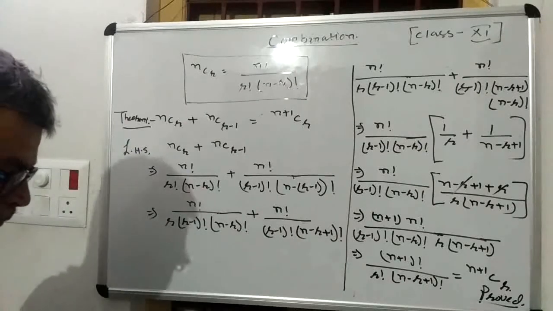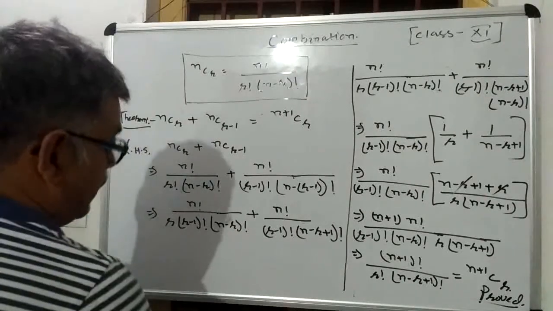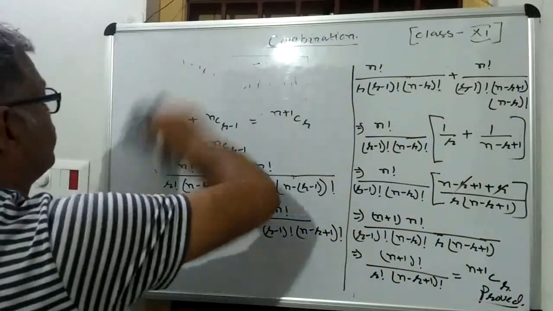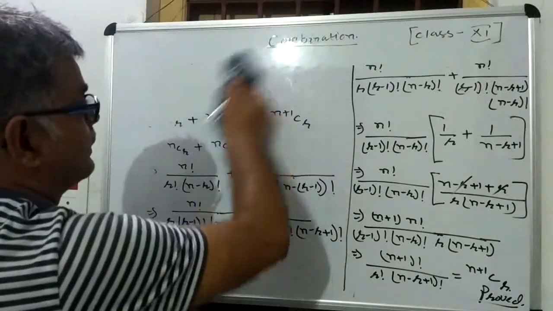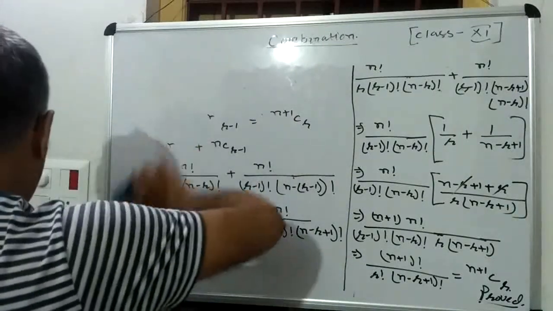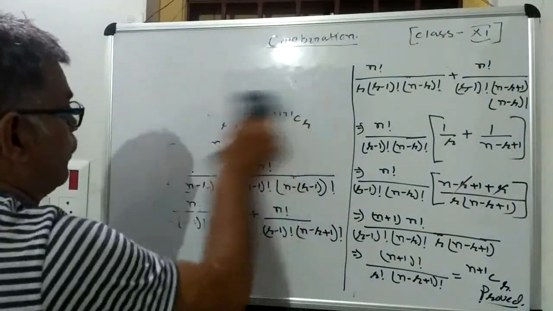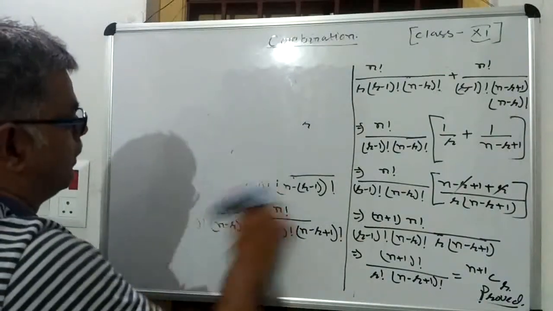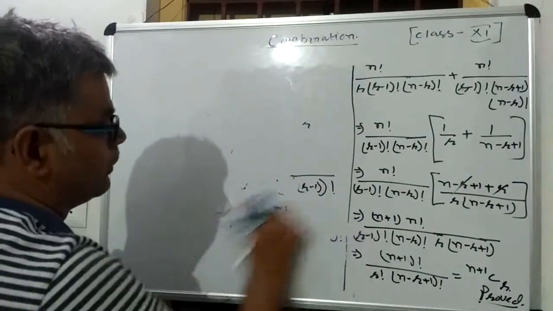Now come to the exercise. Exercise number 7.4. The problems related to combination, which we are going to discuss now.